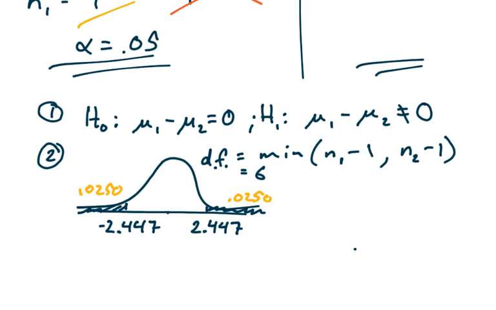And all we're going to do is go to the column that says two tails and alpha equals 0.05. Then go down to the row for 6 degrees of freedom and read off the critical value, which is 2.447. And then on the other side of 0, we've got negative 2.447. So there are the boundaries for our critical regions, or the two parts of our critical region split into two.